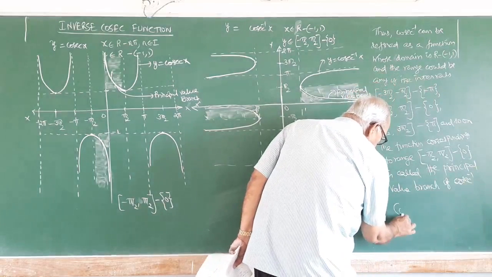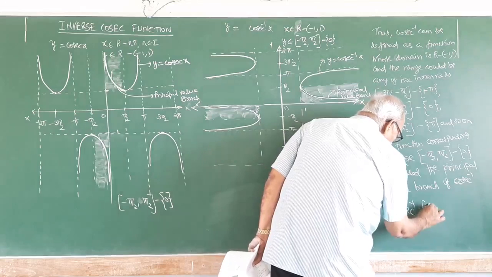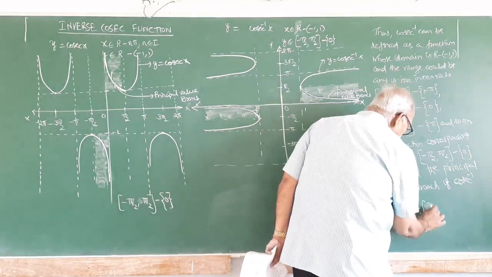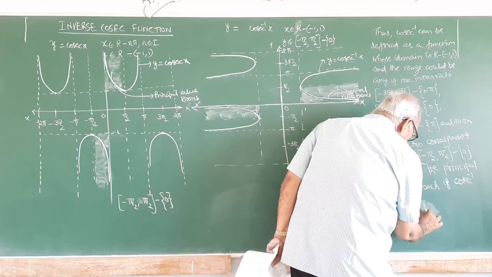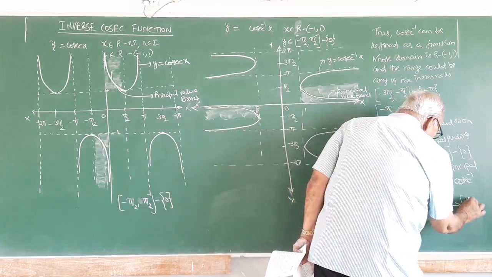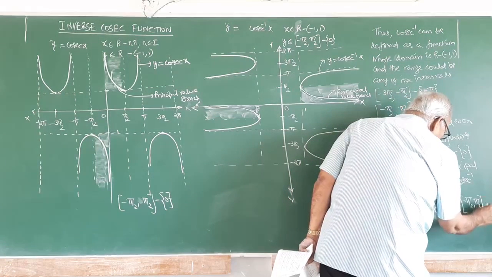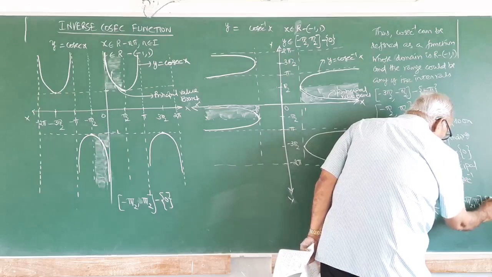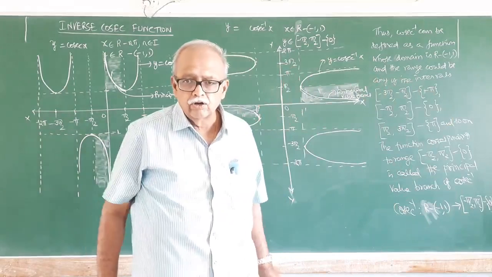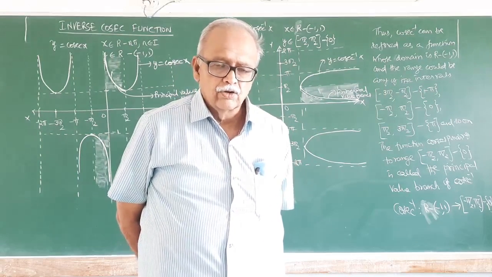So we define cosecant inverse from R minus (minus 1, 1) to the range [minus pi by 2, pi by 2] minus {0}. So you can write the domain and codomain for the cosecant inverse function.